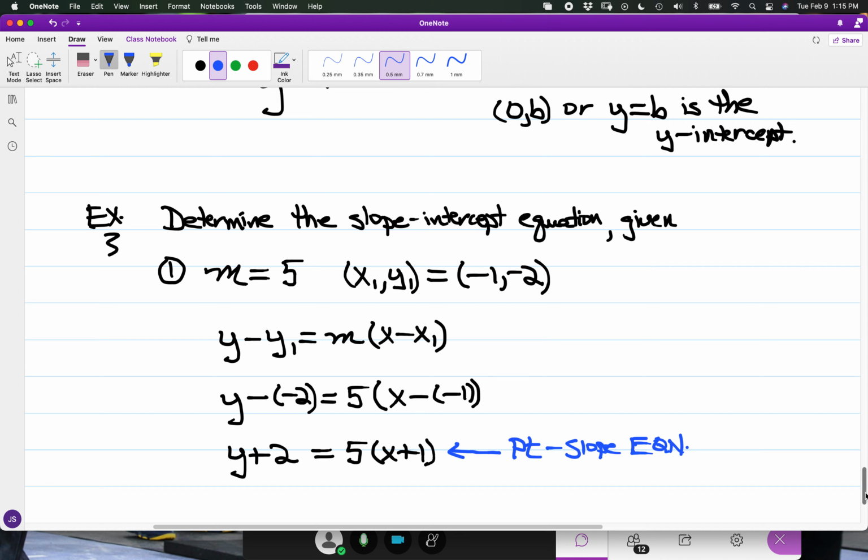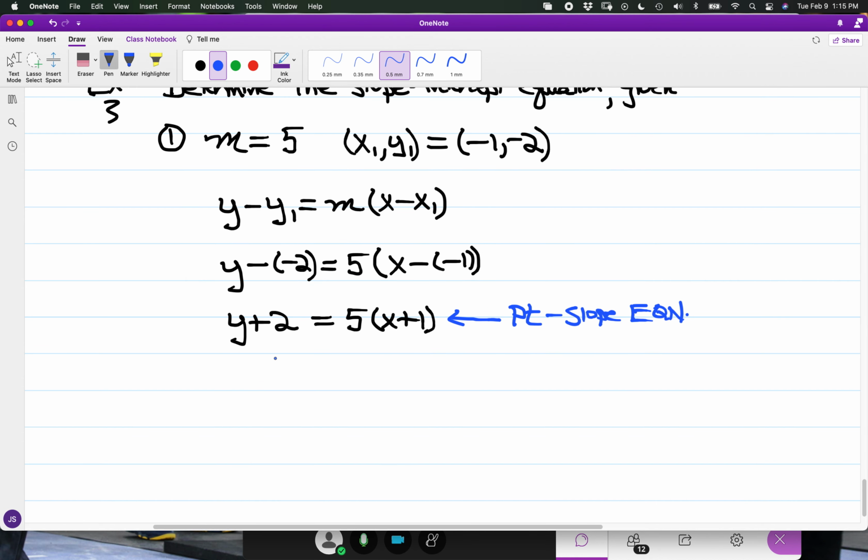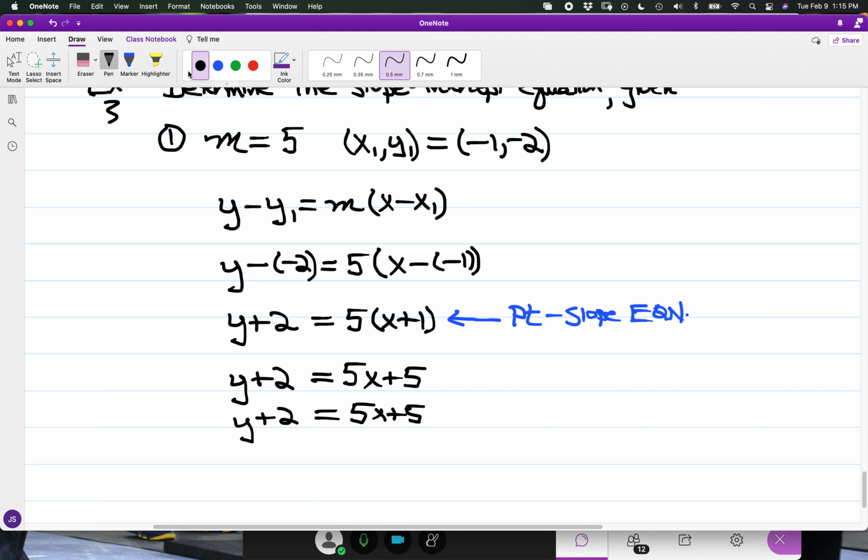And now in the crossover to the slope-intercept equation, this is where you're going to isolate y. So you have y plus 2, 5 times the quantity of x plus 1. So this is going to be 5x plus 5. And isolating the y, which can be done by taking 2 away from both sides.